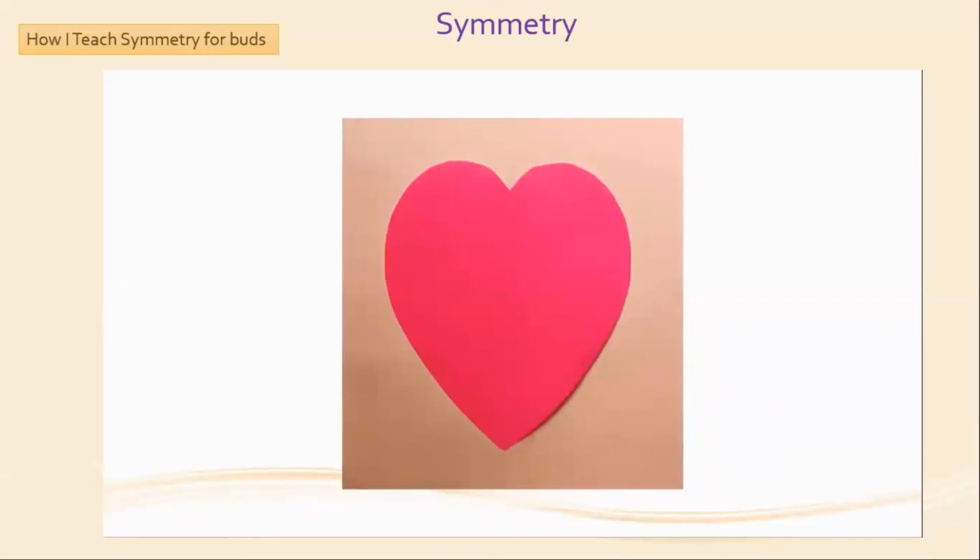Now we are going to draw our line of symmetry, just like last time on our butterfly. I will draw the line of symmetry in brown color again. Now we have the line of symmetry that shows us this side is the same as this side.